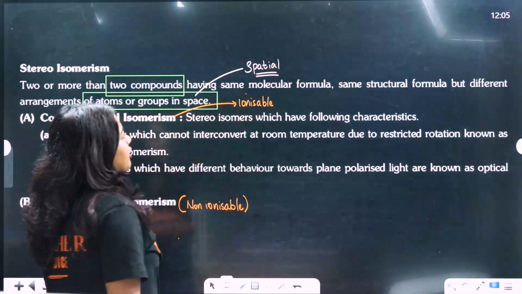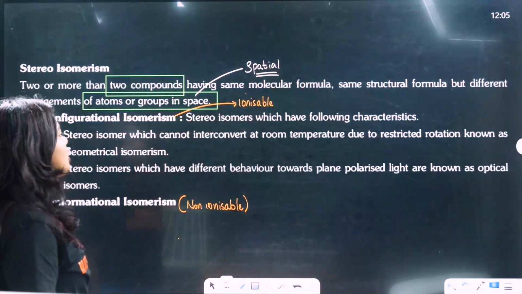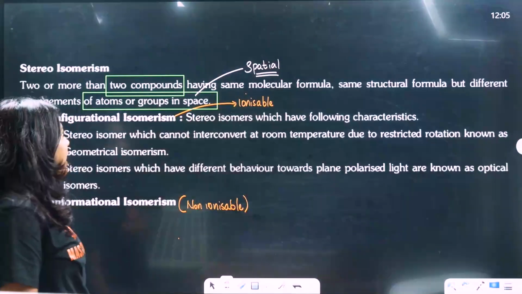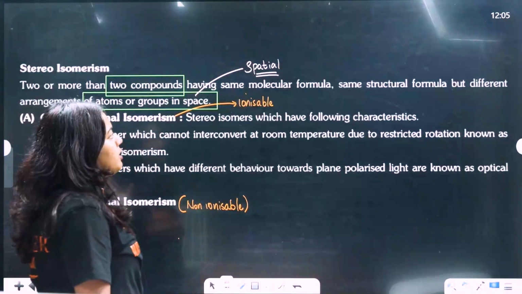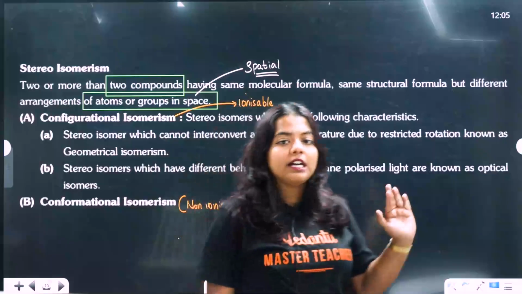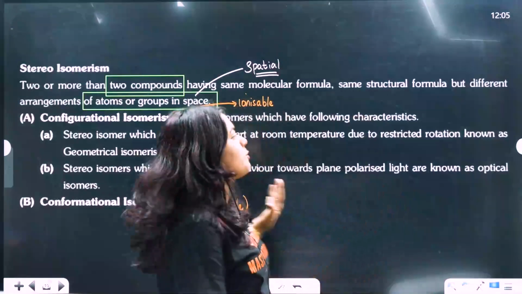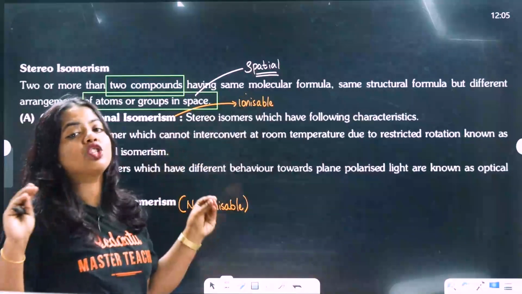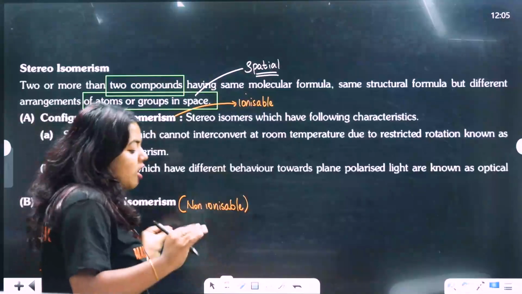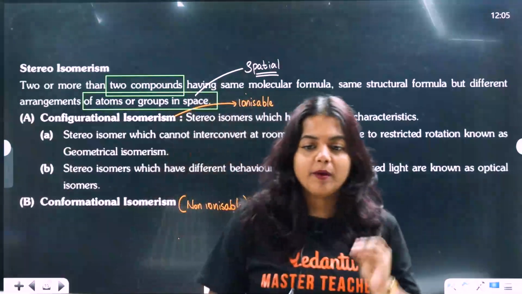The two compounds have the same molecular formula, but how they are arranged spatially is different. Those types of isomerism are called stereoisomerism.